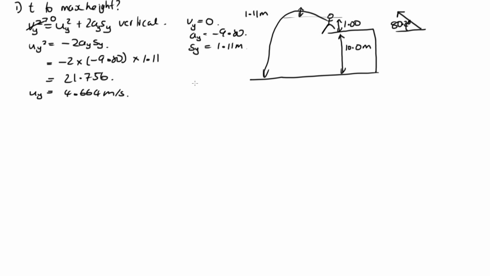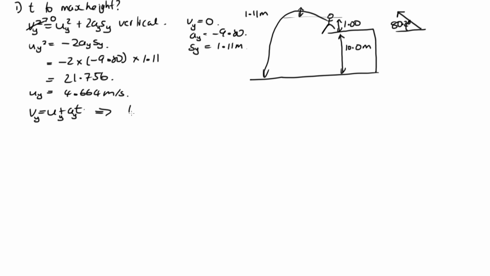And what we're asked for is the time to maximum height. We know at maximum height the speed is 0, so now we can use another kinematic equation. We can use v is equal to u plus at in the y direction again to work out t.